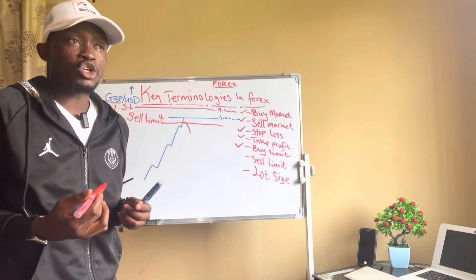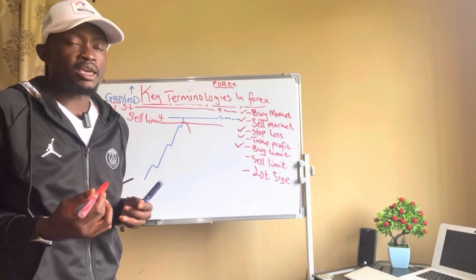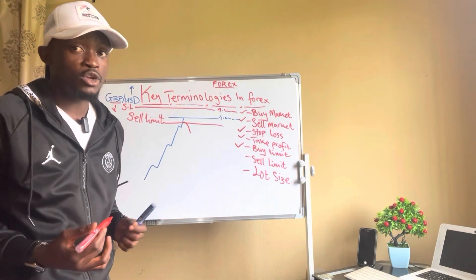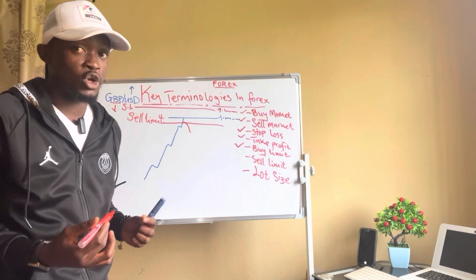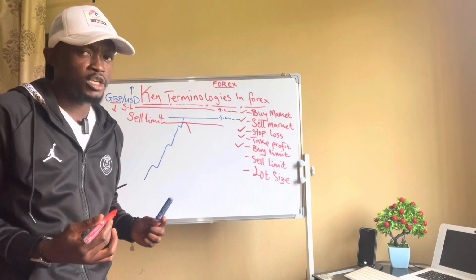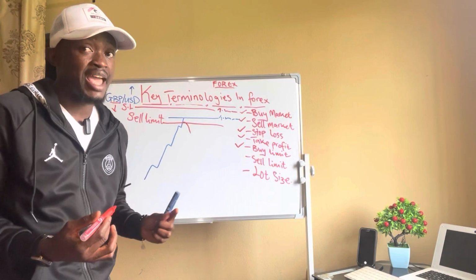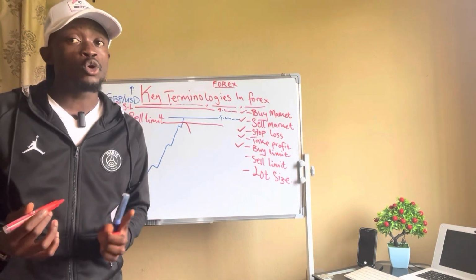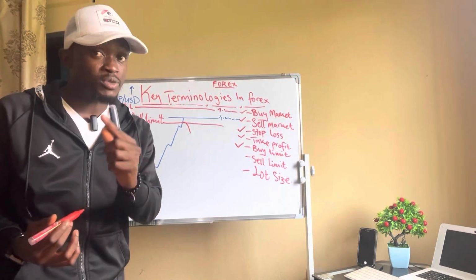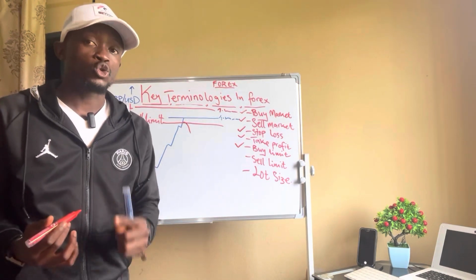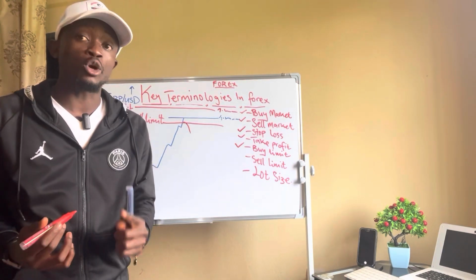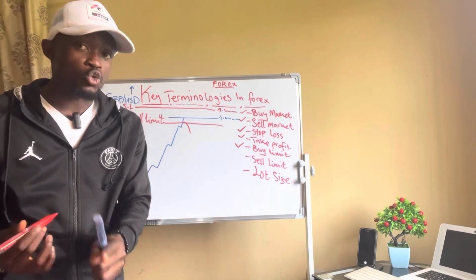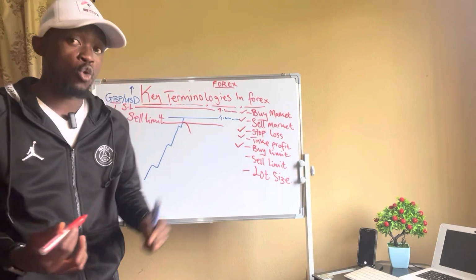Because the market is just like a worm that has been placed on muddy soil. You know, when you place a worm on muddy soil and the worm is moving, it will be difficult for you to predict the next move of that worm, if it will be going to the left or to the right. But there are some things that you can put on that mud that will make that worm go in the direction where you want it to go.